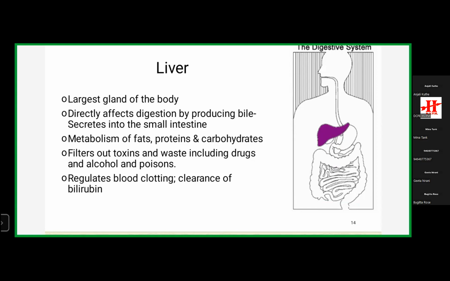It regulates blood clotting by creating vitamin K. All of you may know various types of vitamins in our body. Can anybody tell me the vitamins? What do you know about vitamins? They are classified into, please, you can share your knowledge.